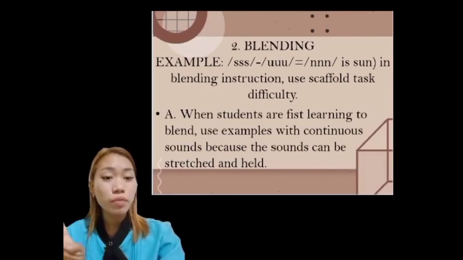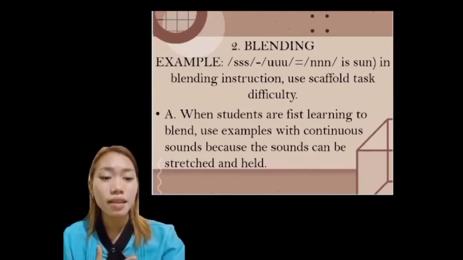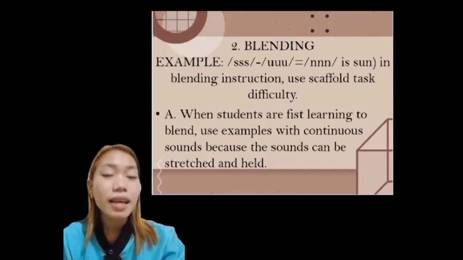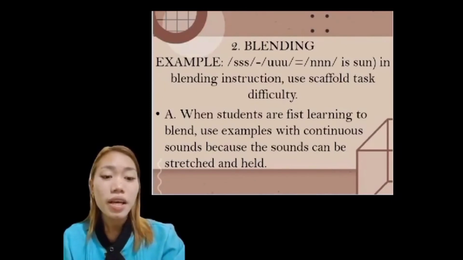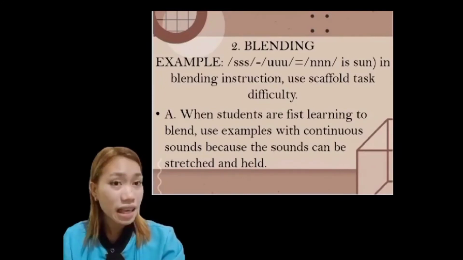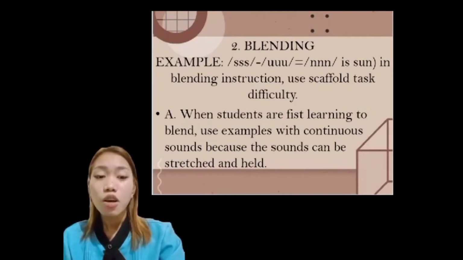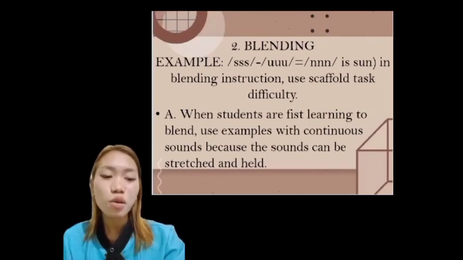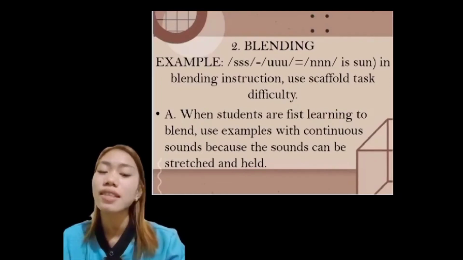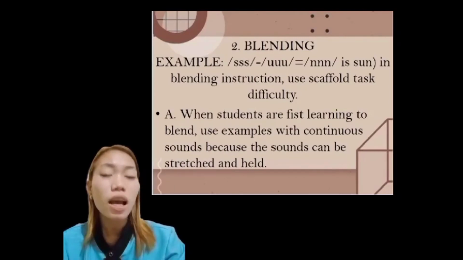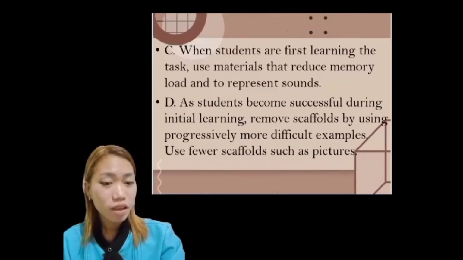Number 2 is blending. For example, S-U-N, it is sun. In blending instruction, scaffold task difficulty. A. When students are first learning to blend, use examples with continuous sounds because the sounds can be stretched and held.